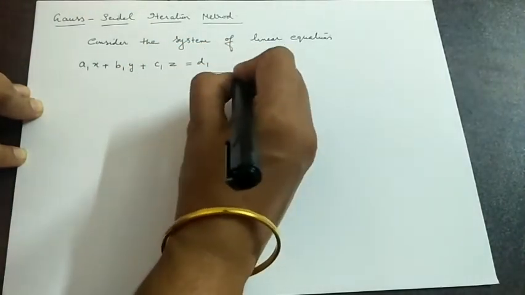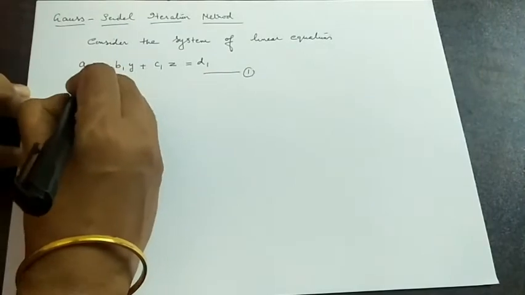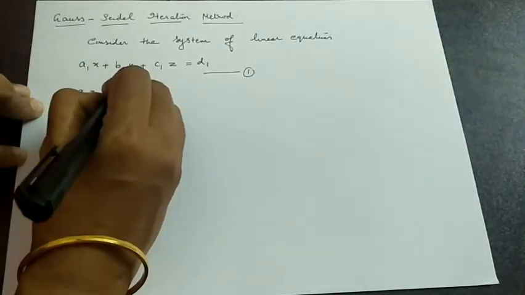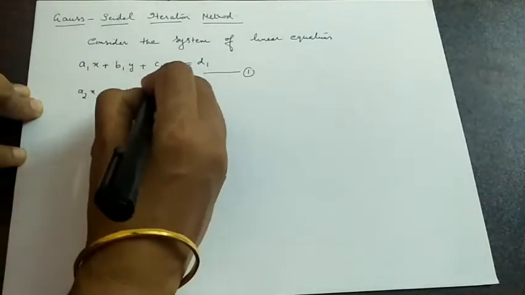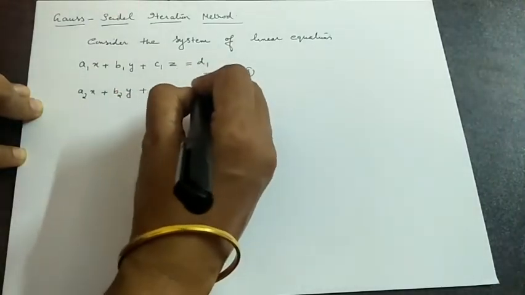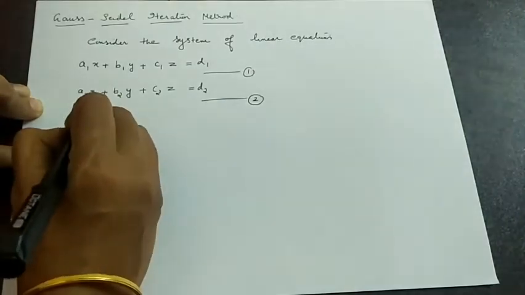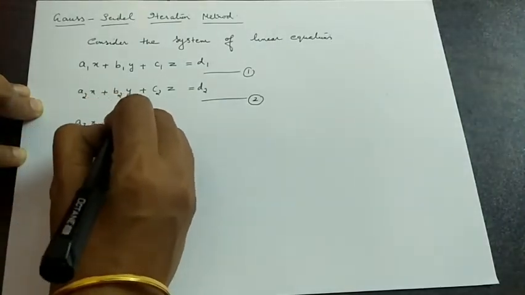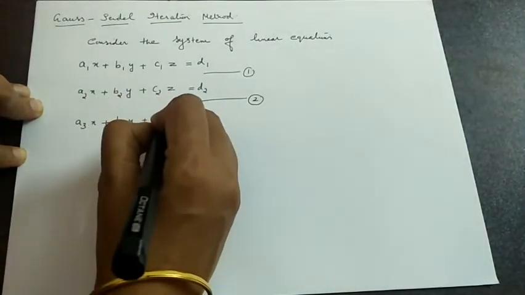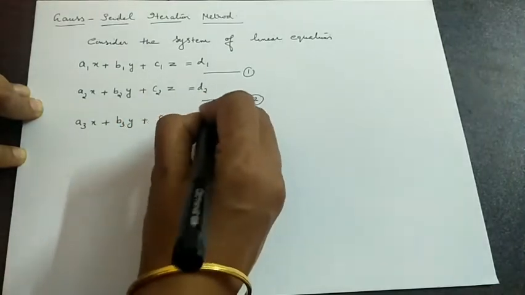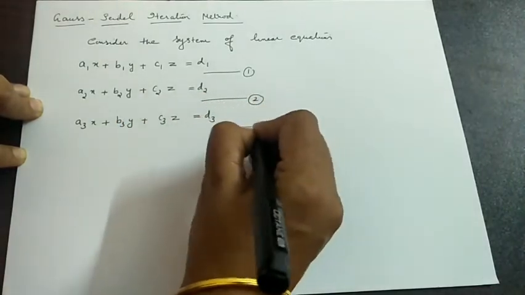Put it as equation number 1. Then a2x plus b2y plus c2z is equal to d2. Put it as equation number 2. Then a3x plus b3y plus c3z is equal to d3. Put it as equation number 3.